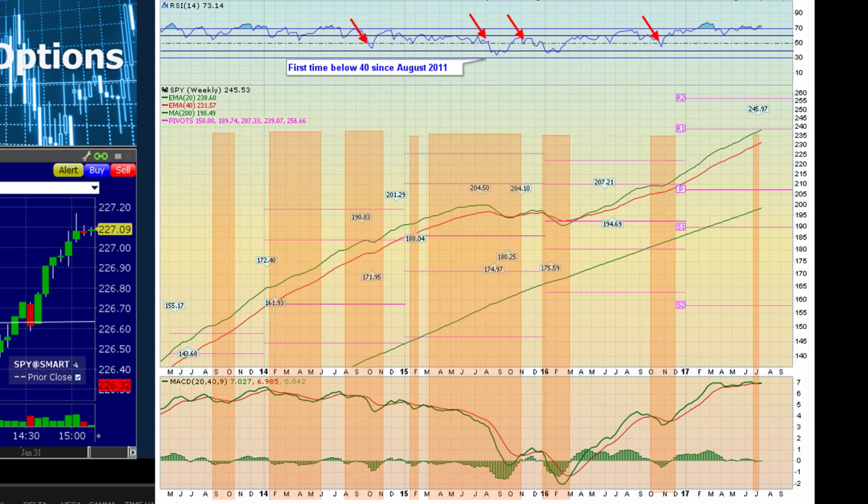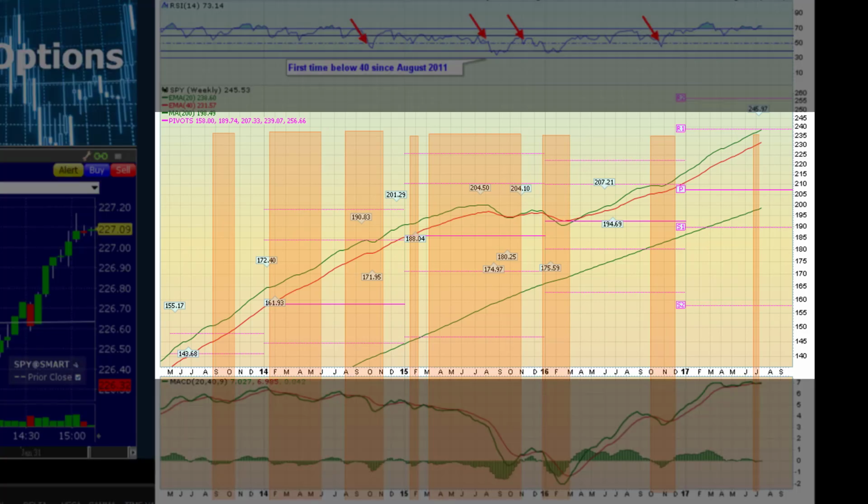There are three main indicators, and I will go through each one of them in order of importance to me. The first indicator is the exponential moving averages. In this chart, I'm going to use the 20-week and the 40-week. Simply stated, if the 20-week exponential moving average is above the 40-week exponential moving average, we're in a long-term bullish trend.